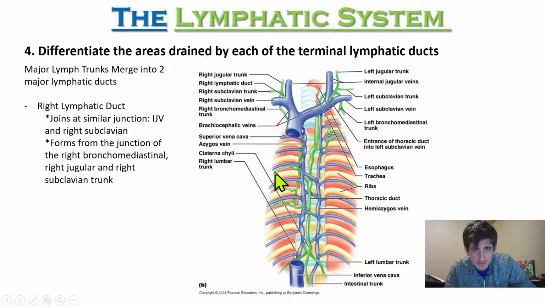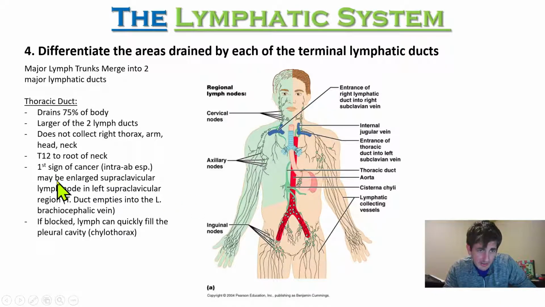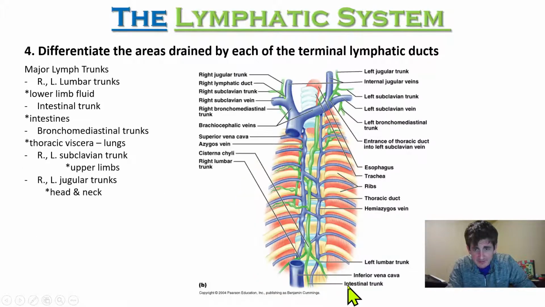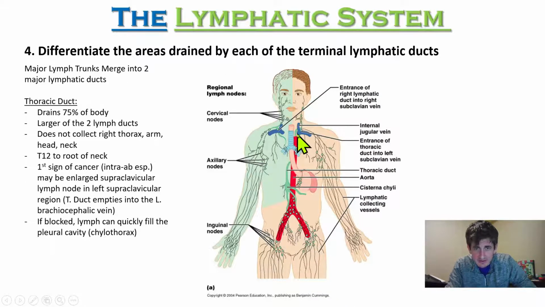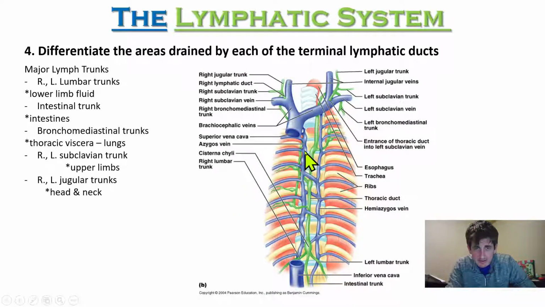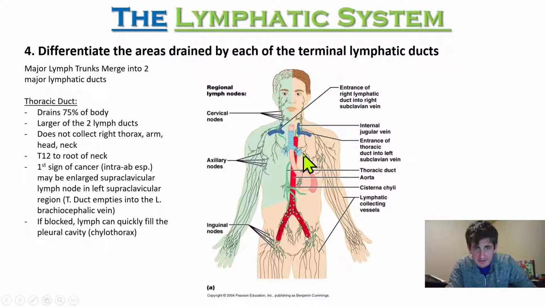So yeah, I still am confused on why this supraclavicular lymph node would be large. Someone go comment down in my comment section why this would occur, because I understand it's draining all this stuff. So you can have an intestinal cancer because it's draining through the intestinal trunk. I guess just various cancers would drain.